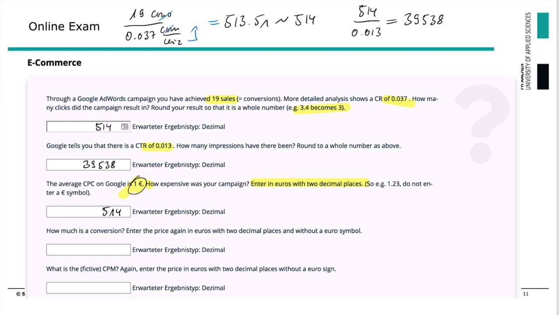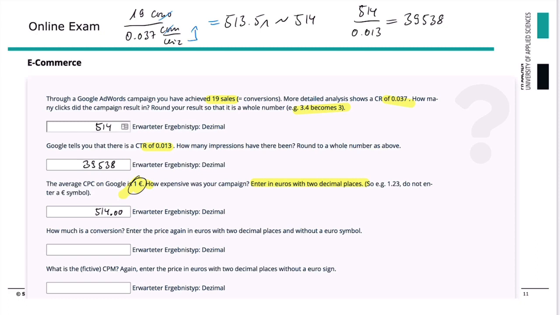Important, I should enter 2 decimal places with a euro, 514.00. If I leave the 2 zeros away, the result would be fine anyhow, because it's the same result actually. I must not enter the euro sign, otherwise Elias won't accept the entry.